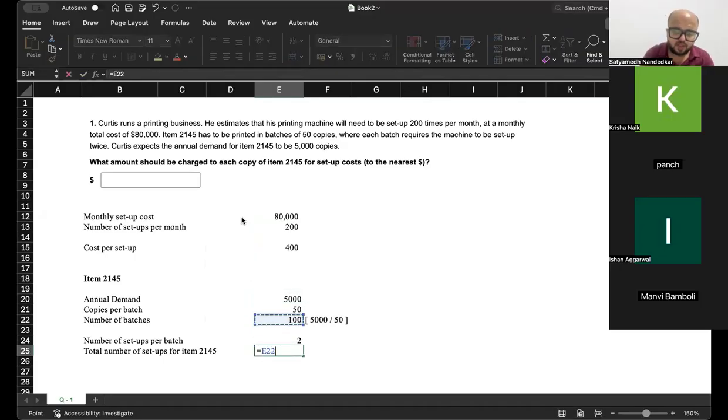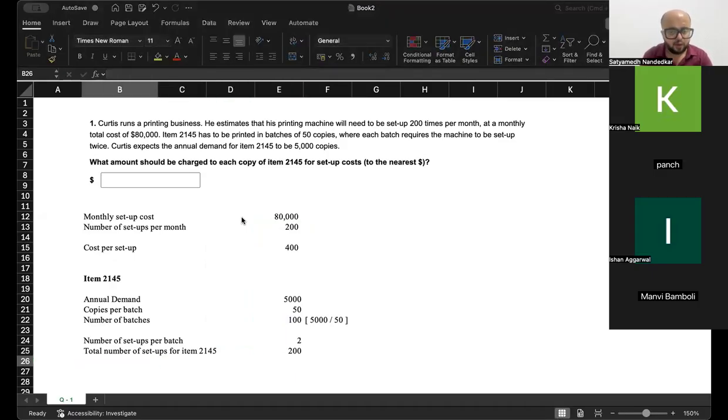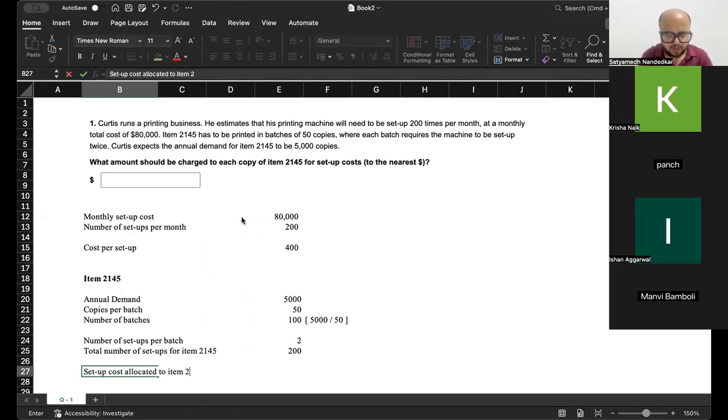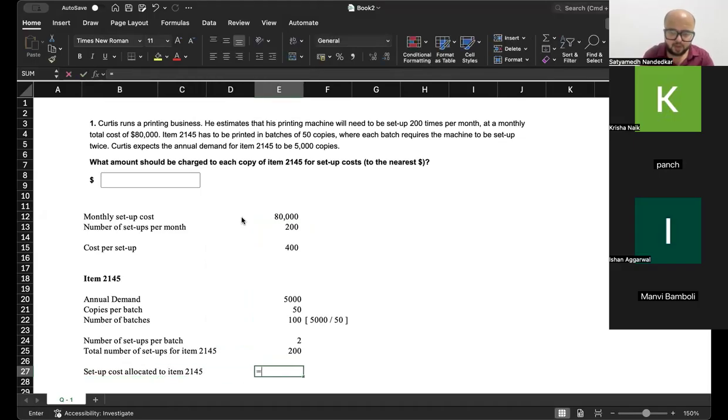So total number of setups is 100 into 2, that is 200. With that in mind, now can we apply the total setup cost for the item, or let me call it this way: setup cost allocated to item 2145. 200 into 400.